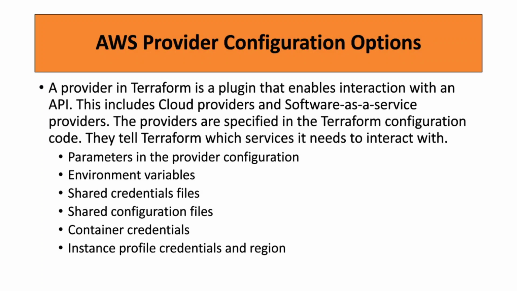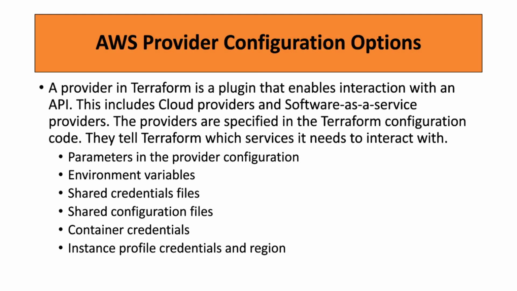So there are a few methods, or we can call them options, which we can use to authenticate from Terraform to the AWS provider. The first one is parameters in the provider configuration file.